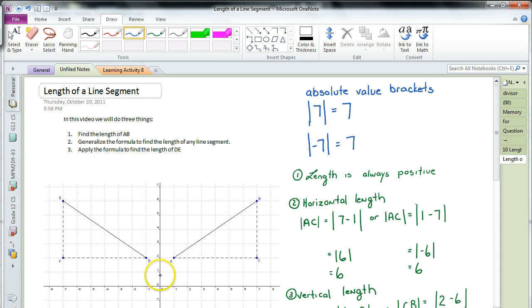If I imagine starting on my vertical axis, or y-axis, to travel from the vertical axis to A, I travel a total of 1 unit. To travel from my vertical axis to C, I travel a total of 7 units. And from that, we can see that the remaining distance from A to C is 6 units.